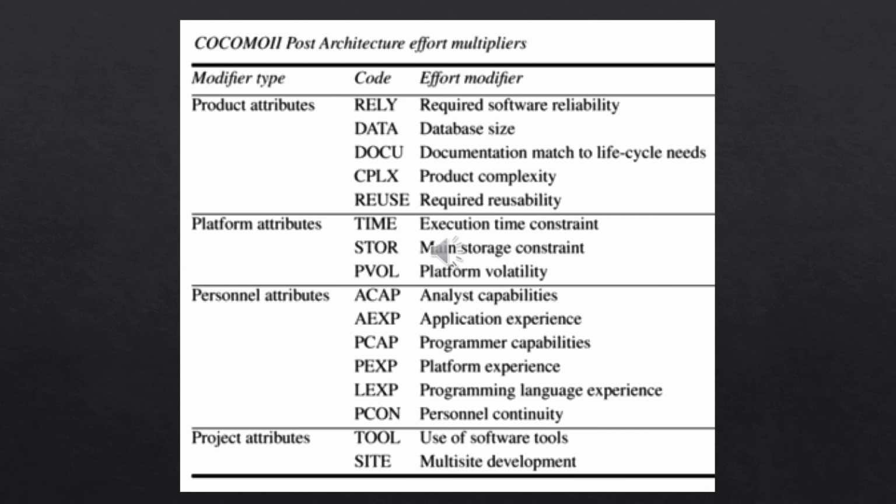The drivers in personal attributes are analyst capabilities, application experience, programmer capabilities, platform experience, programming language experience, and personal continuity. And the fourth modifier type, project attributes, consists of 2 drivers: use of software tools and multi-site development. These are the various effort multipliers that can be used in the post-architecture stage.